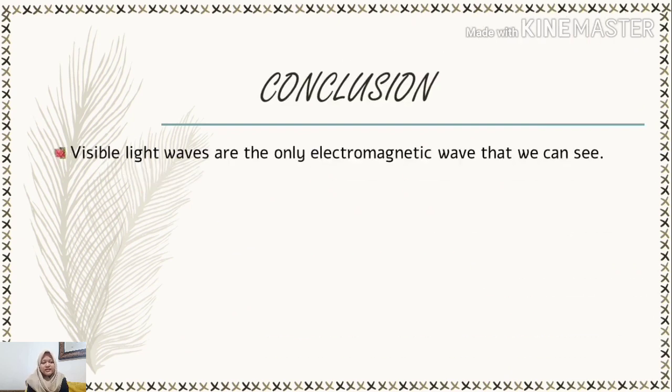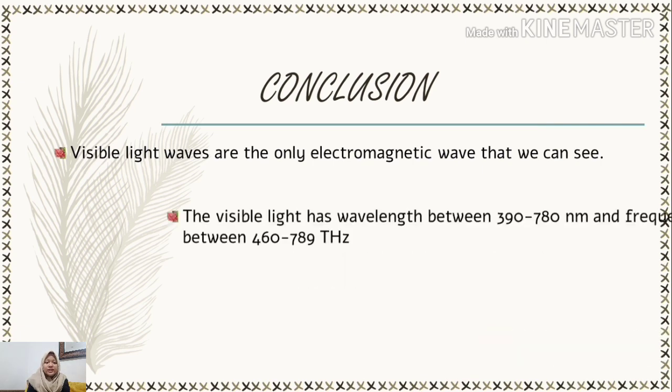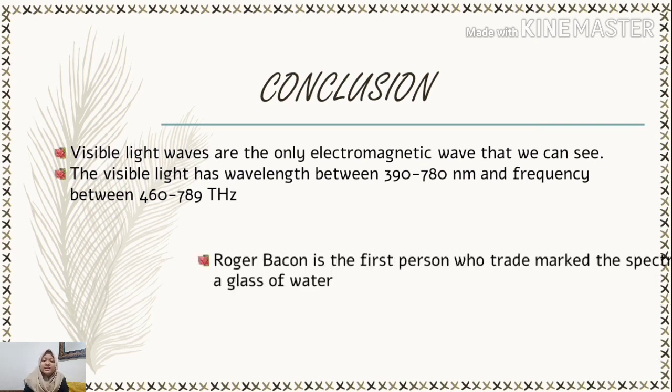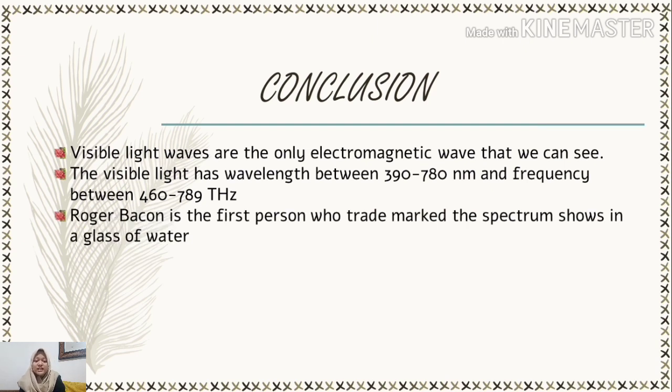And next is the conclusion. Visible light waves are the only electromagnetic waves that we can see. Visible light has a wavelength between 780 to 390 nanometers and a frequency between 416 to 789 terahertz.